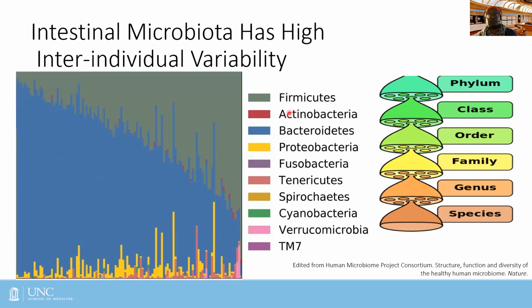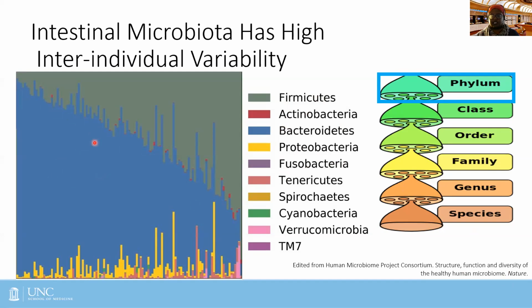The colors correspond to what phyla they belong to, and for those who do not remember the phylogenetic tree, phylum is the highest level below bacteria. As you can see in this figure, there's a high amount of interpersonal variability, and these are all healthy samples. So even in healthy situations, there's a large amount of variability.